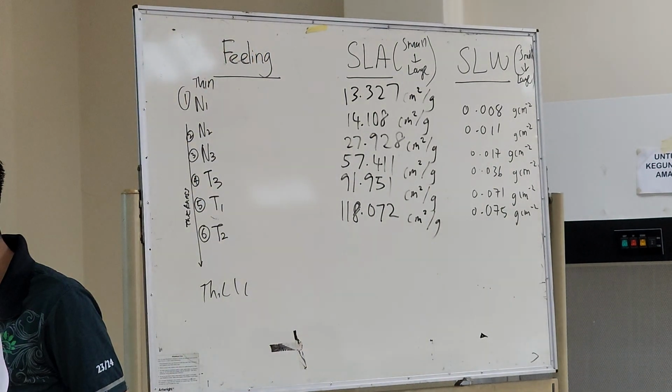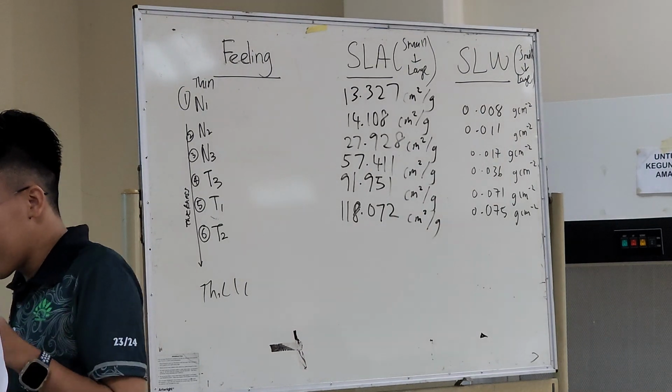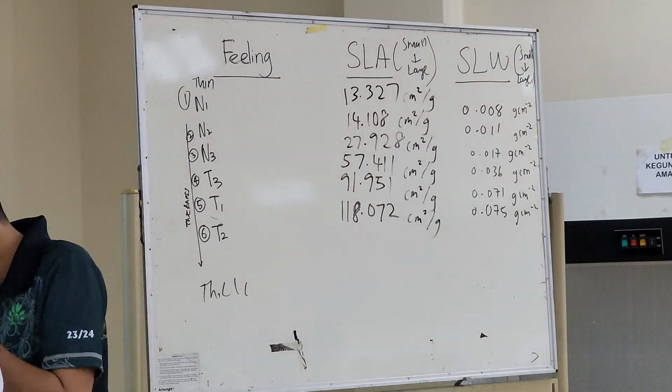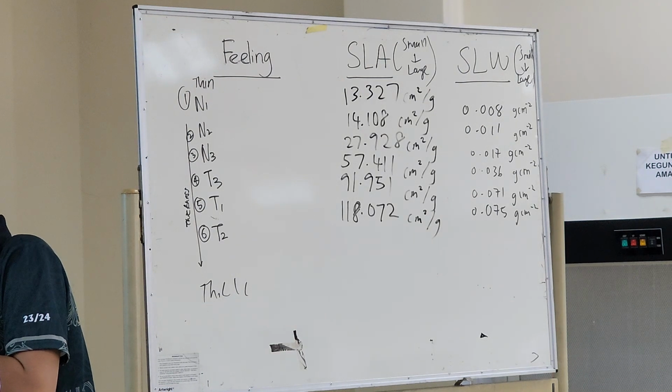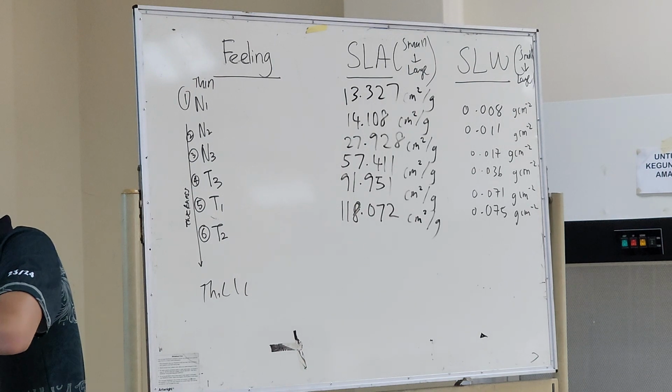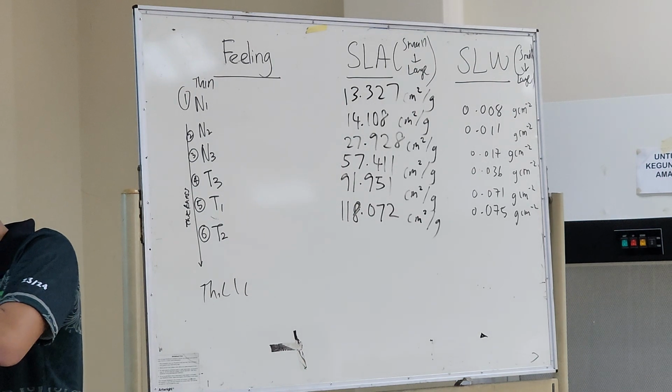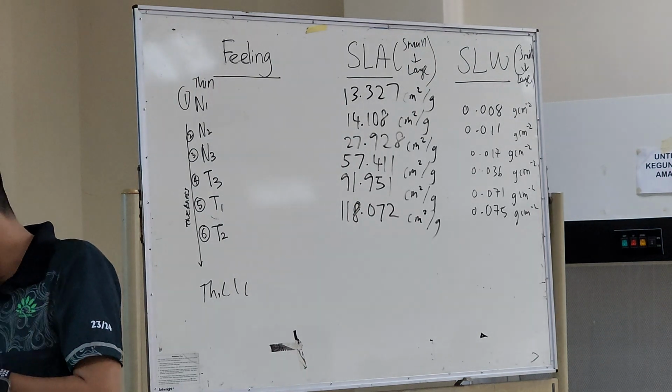I know this is group work, but you can have your own individual report. Don't rely on other people to write it down. You need to write it down yourself. Then only you can remember forever.